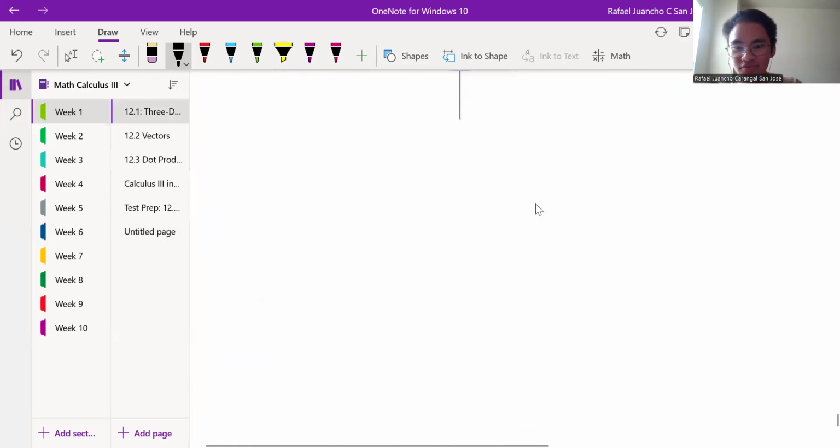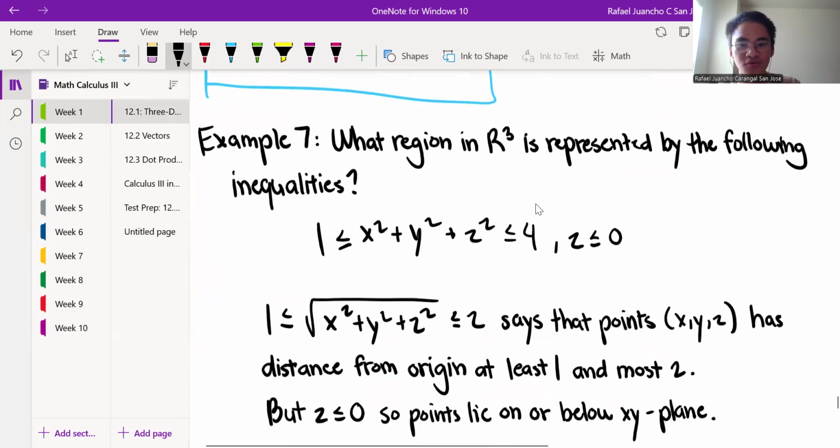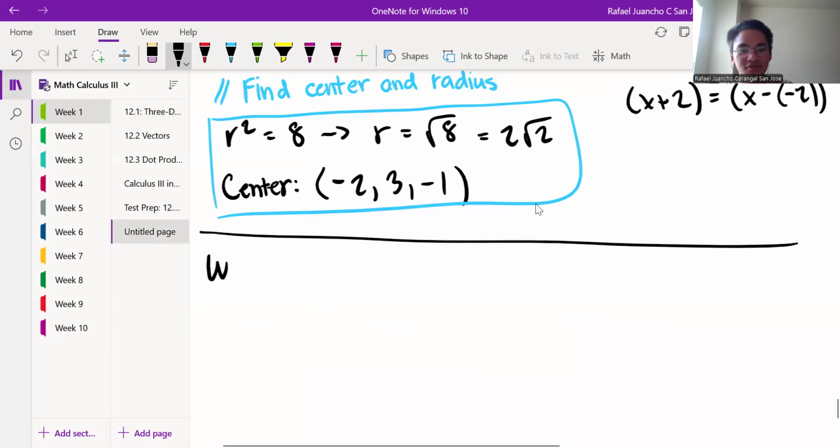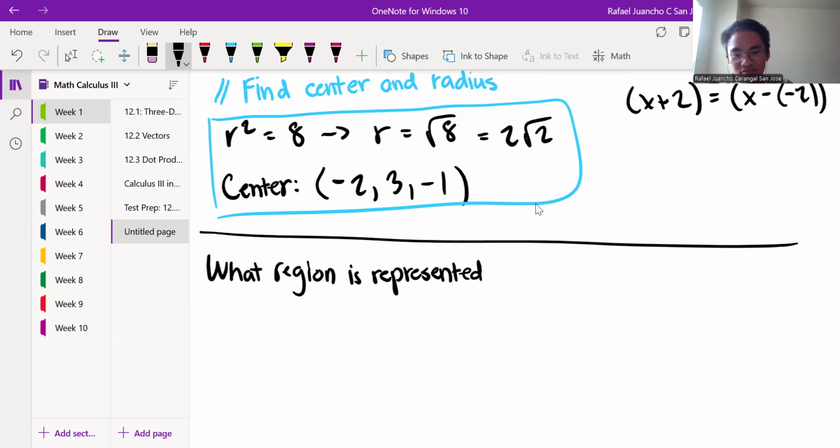What region in R cube is represented by the following inequalities? So we keep doing this thing where we're asking what region is represented. In what context? R cube or R squared?